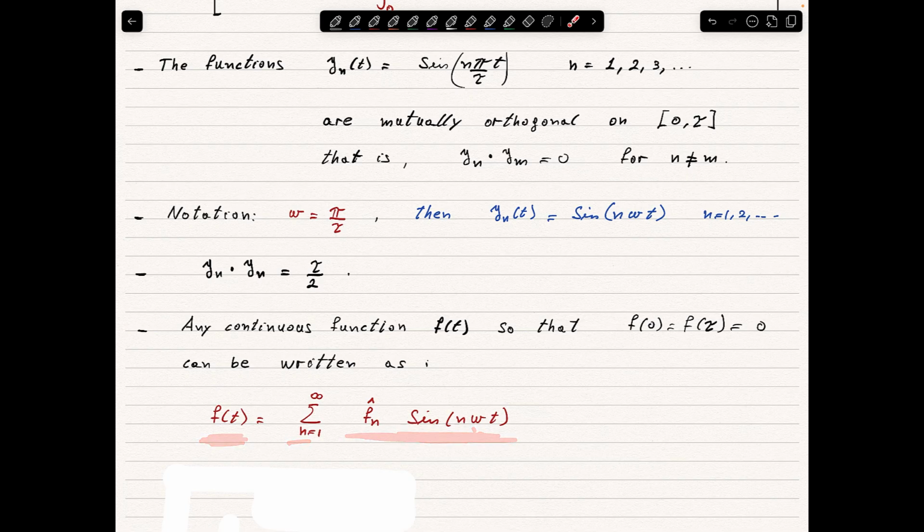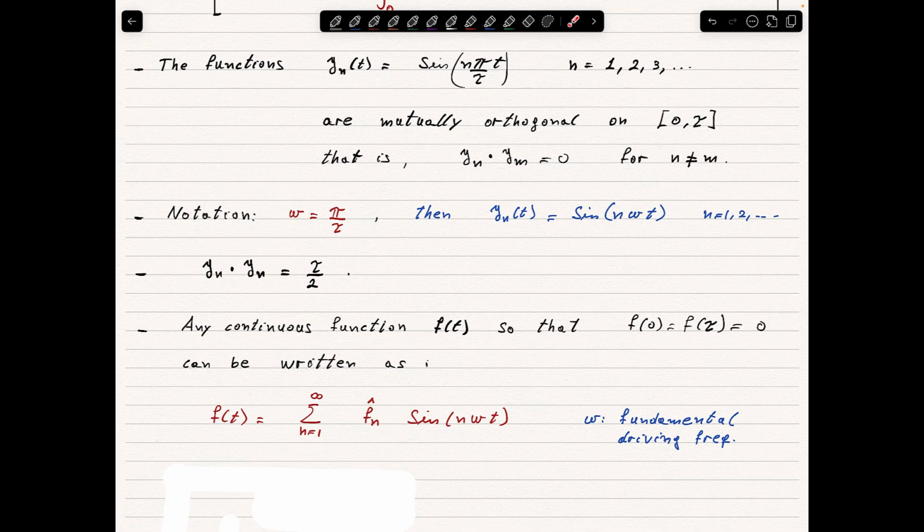Then here the omega is the fundamental driving frequency. That's the name, and then the function contains the fundamental for n equal 1 and all the harmonics, which are the multiples of that frequency.